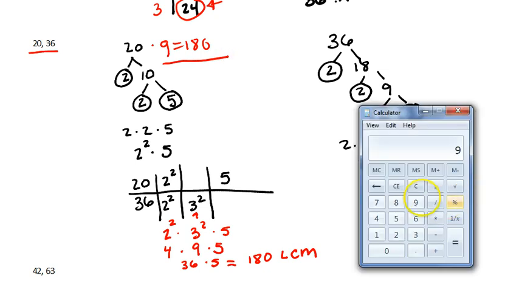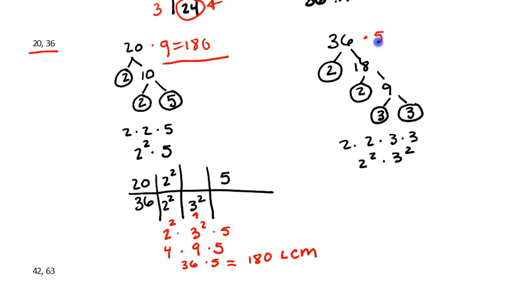Alright, let's try the same thing for 36. 180 divided by 36 equals 5. So it goes in there a whole number, or 5 times. So this times 5 equals 180. So we know that 180 is a multiple for both 20 and 36.